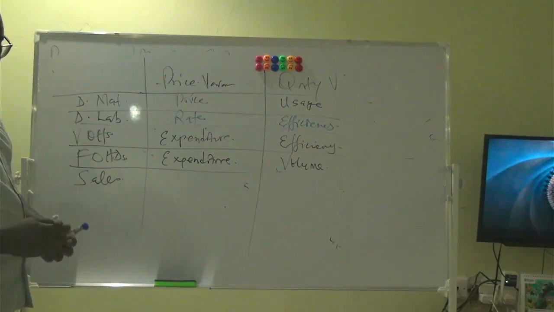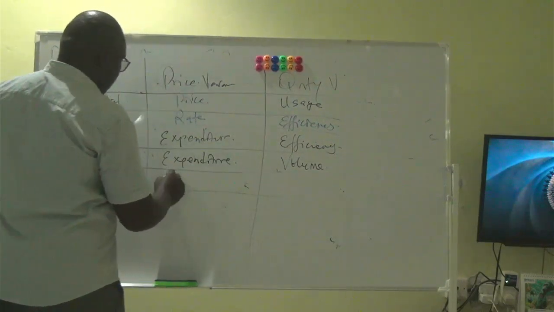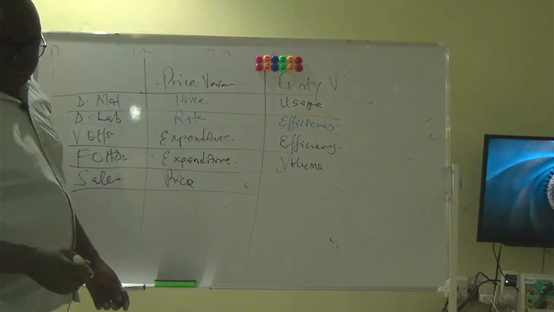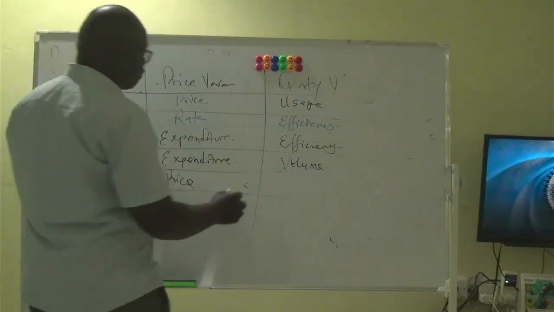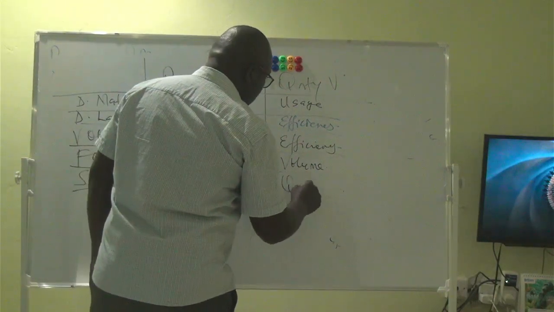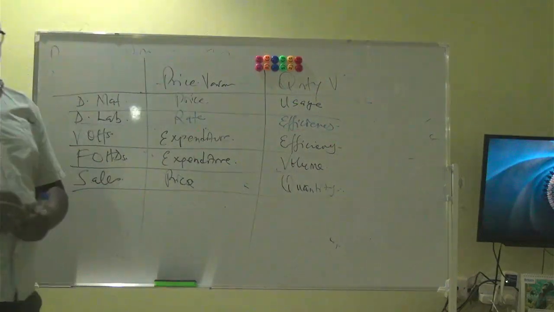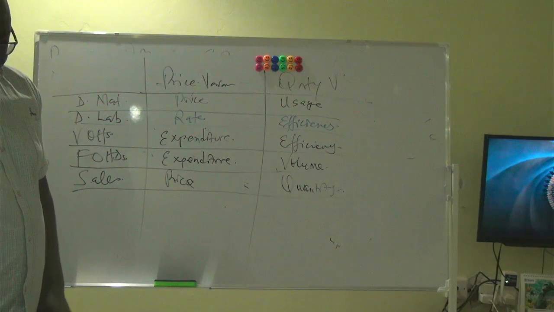Then lastly, for the sales, for the price, we will just check the price variance. And for the quantity, we will be looking at the quantity variance, so the amount of quantity that we have used at the end of the day.